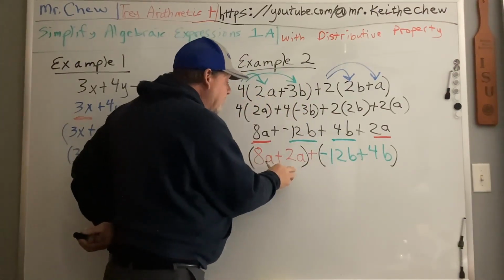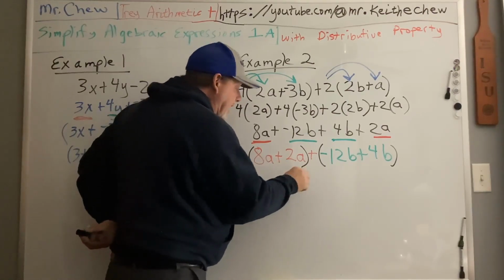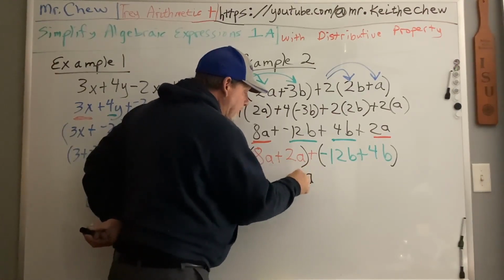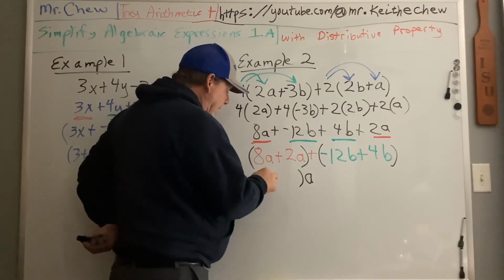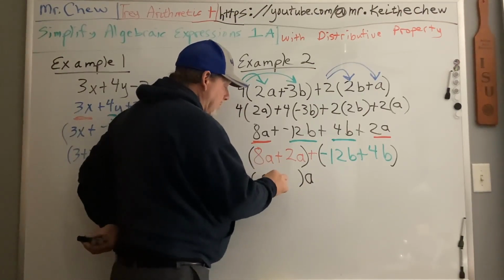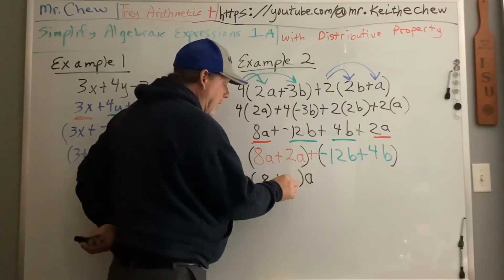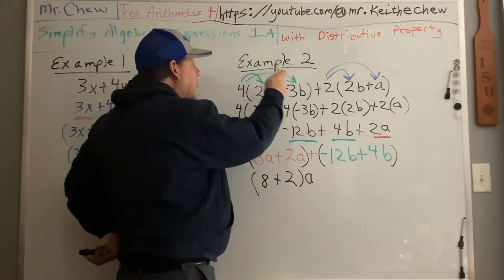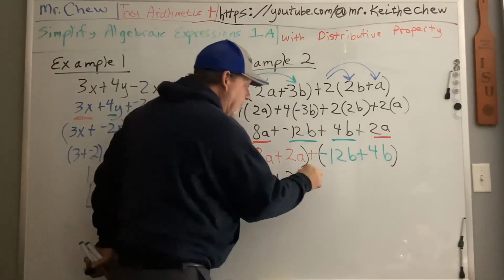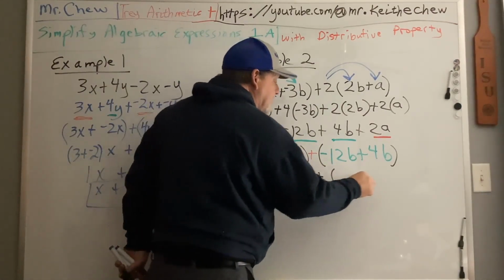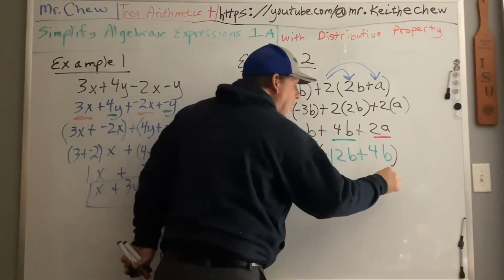So I can factor out an a here. It's reversing the distributive property. What do you multiply by a to get 8a? 8. What do you multiply by a to get 2a? 2. So if I were to do this distributive property, I'm going to get that red amount there. Now on this side, they have a common factor of b.